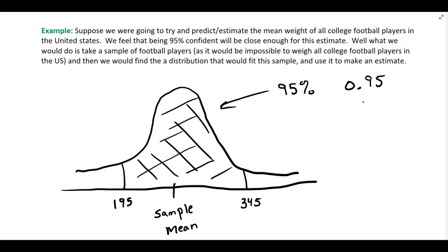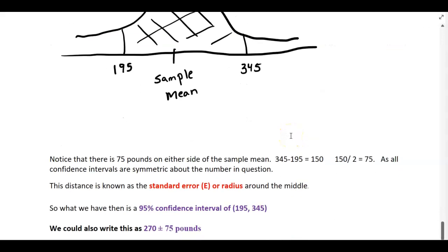Now, with a little bit of arithmetic, and the idea that this is supposed to be symmetric, where what's on the left-hand side should be the same as what's on the right-hand side, we can figure out what that mean will actually be. Here's how we do it. Notice that 75 pounds is on either side of the sample mean. How do I know that?